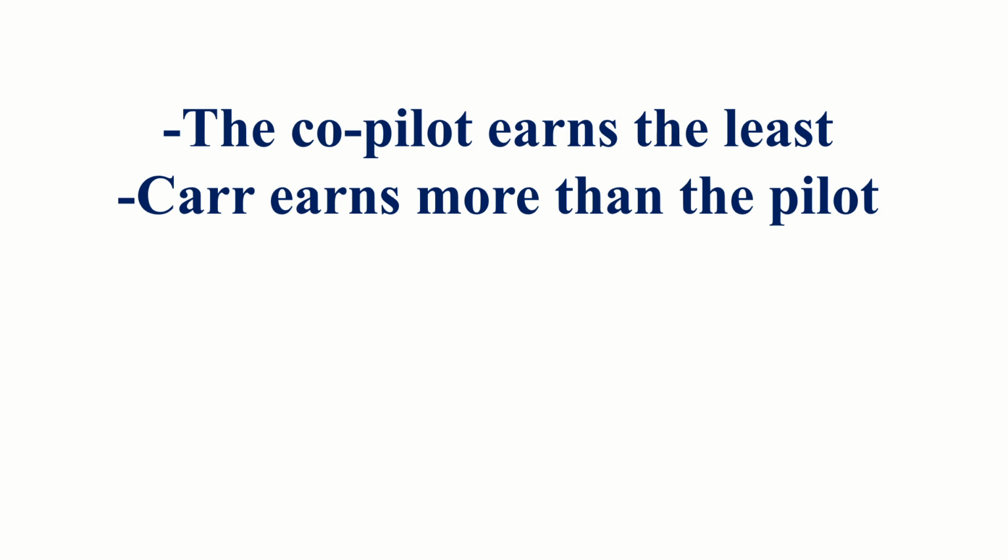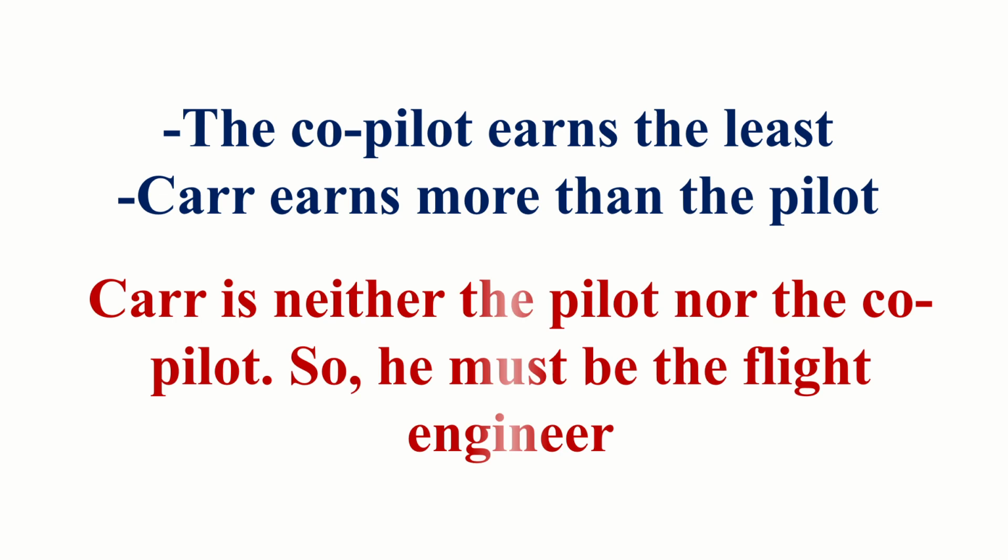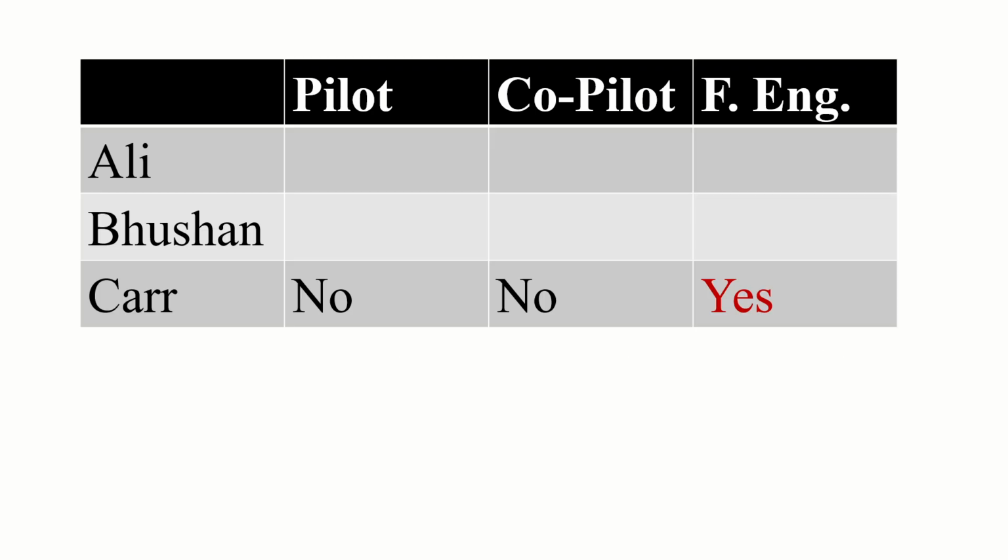Now we have been told that the co-pilot earns the least and Kar earns more than the pilot. So the logical conclusion is that Kar is neither the pilot nor the co-pilot, because Kar earns more than the pilot and co-pilot earns the least. Therefore, if Kar is neither the pilot nor the co-pilot, he must be the flight engineer. So we put this information into our matrix.